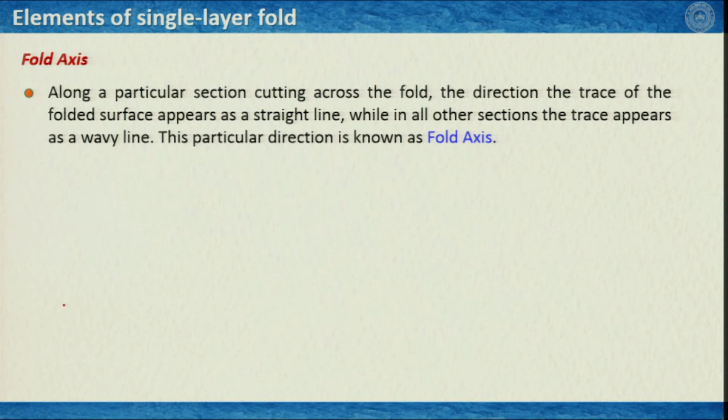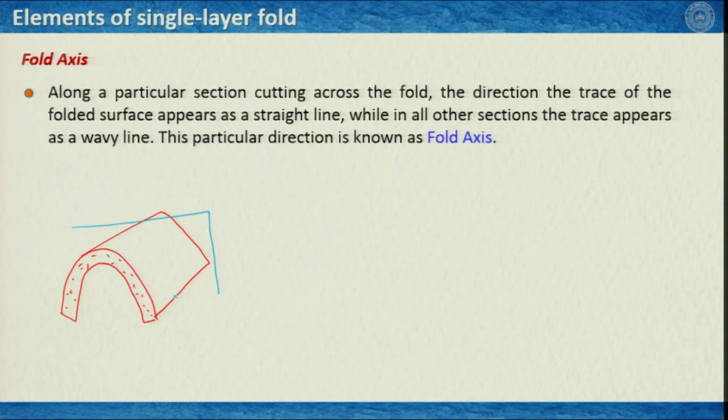You can consider that you have a fold like this, and then you may pass a plane through the folded structure, something like that. I can also draw this a little better way.